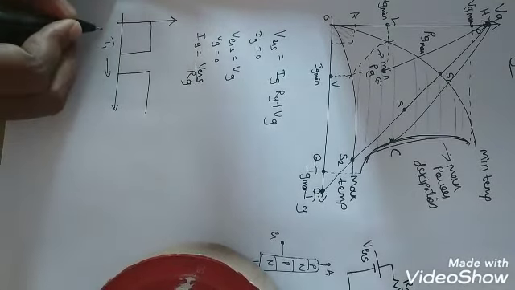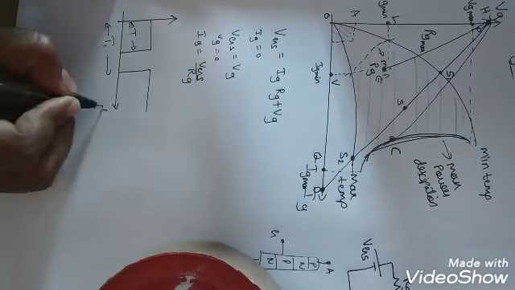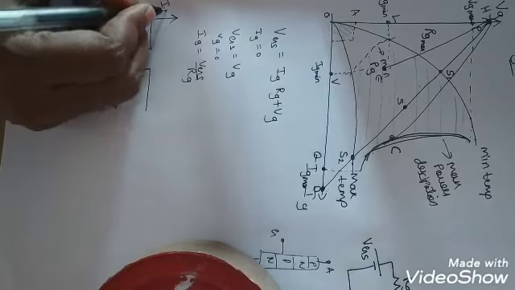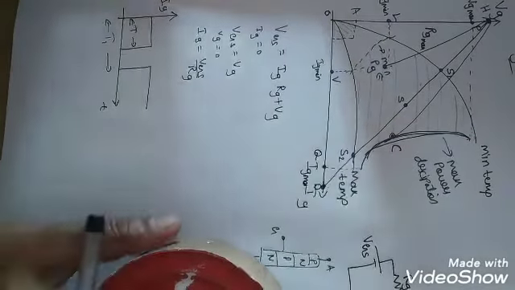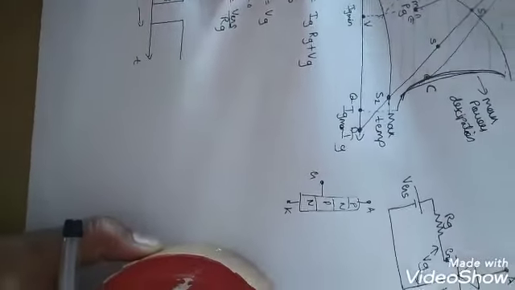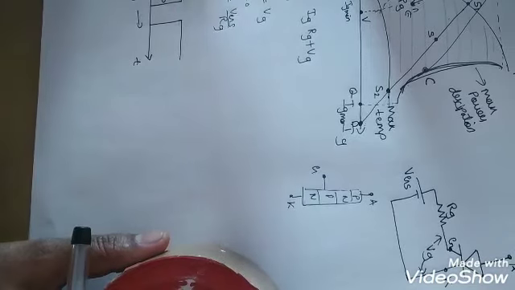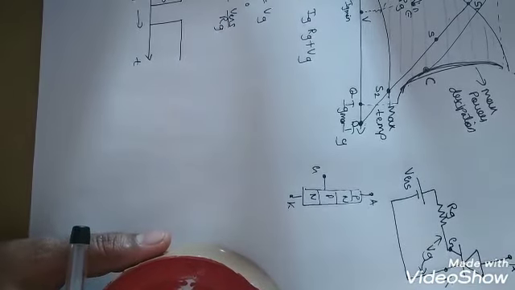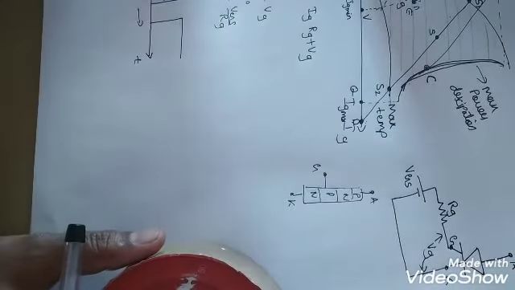Now this is the total time period and the pulse width with respect to time t, and this is the IG current, that is the gate current. We know in the case of SCR, the higher the magnitude of the gate current, the lesser the time required to turn on the SCR.